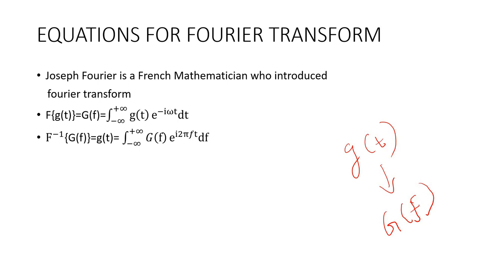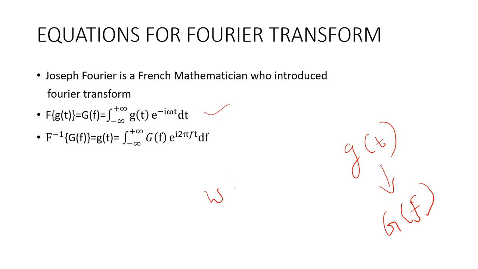Its Fourier transform is capital G of f, because when you take the Fourier transform, the time domain is converted into the frequency domain. So the Fourier transform of g of t is equal to capital G of f. This is the formula you need to apply: integral from minus infinity to plus infinity of g of t e raised to minus i omega t dt. Omega is the angular frequency.